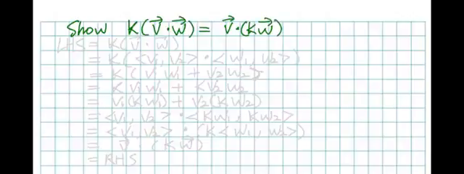We will show part of the scalar property of dot products. We will show k times (vector v dot vector w) equals vector v dot (k times vector w). The left hand side equals k times (vector v dot vector w).